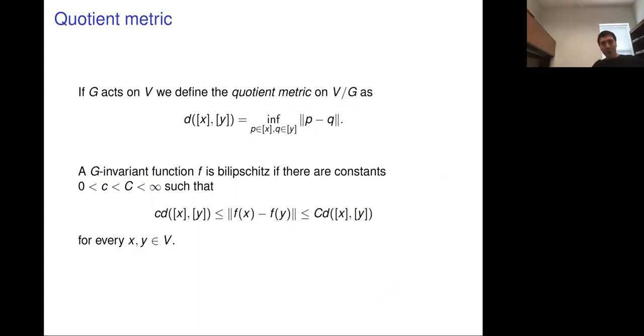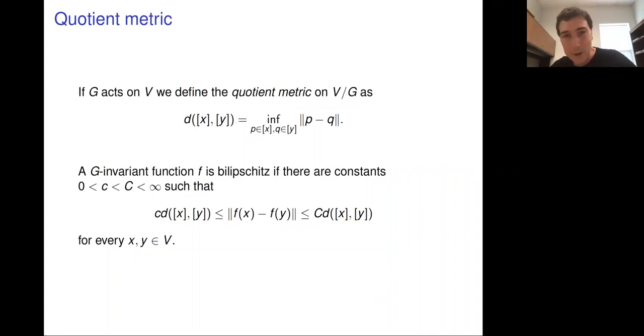But I don't want to play around with sticking tildes and brackets everywhere, so I'm just going to say this is bilipschitz on the quotient space when I have these upper and lower bounds. The lower bound in particular gives you a more numerically meaningful notion of separating the orbits, which is why we care about it.